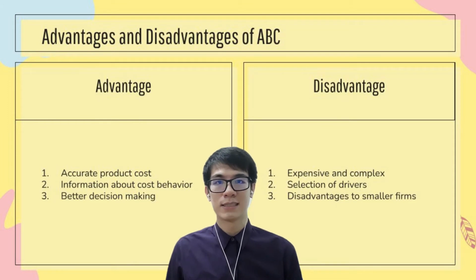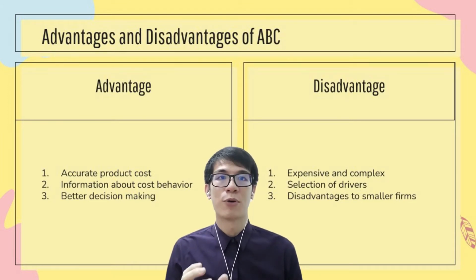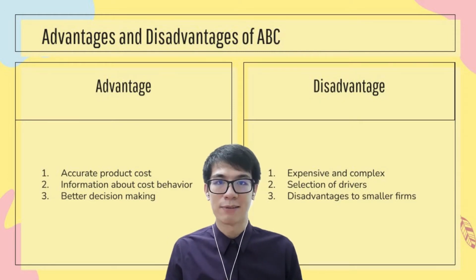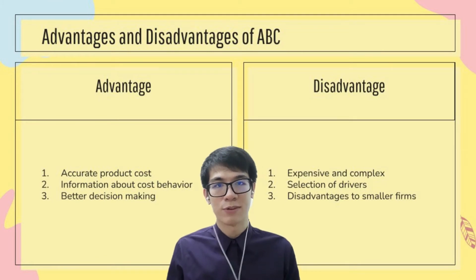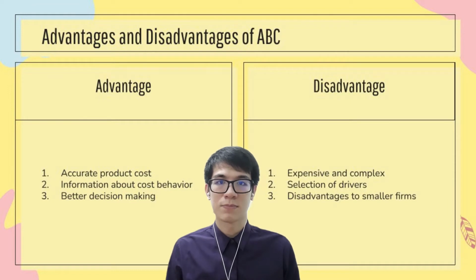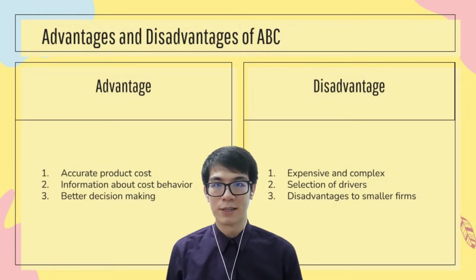ABC recognizes the activities which cause cost, not products, and it is products which consume activities. ABC produces reliable and correct product cost data in case of greater diversity among products manufactured in high volume and low volume products.